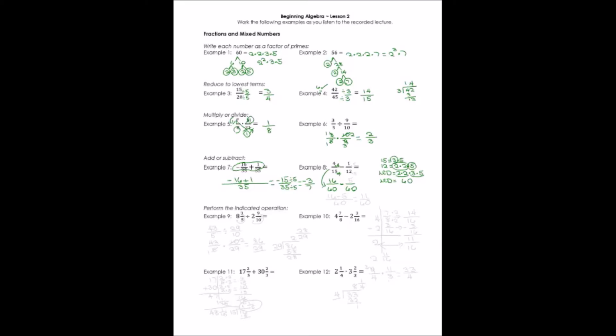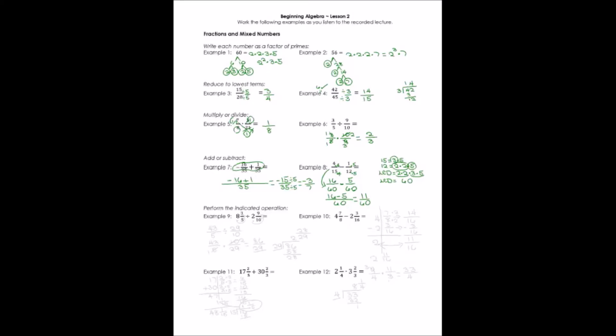For the 1/12, I know I have to multiply 12 times 5 to get 60, so I'll have to do the same thing to the numerator and multiply 1 times 5. Now I have 5 over 60. I have the common denominator of 60. Everything else in the numerator would be 16 minus 5. That gives me 11 over 60. I look to see if I can reduce it, and I can't, so that's my lowest form.